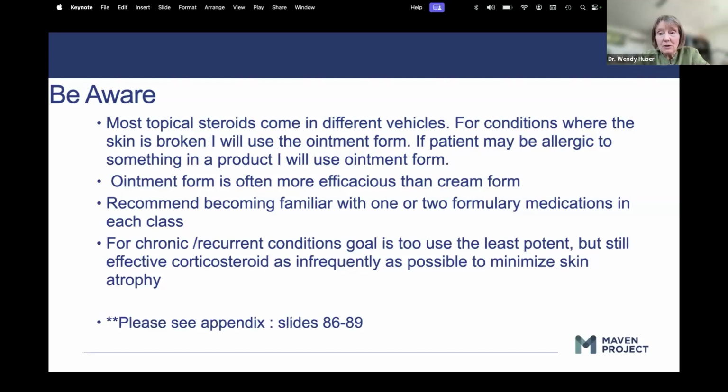So I do recommend also that you become familiar with what's on your formulary so that you know what class 1 super potent corticosteroid you have available for you or a mid-potency one, and those can change all the time. And then one other principle with this use of topical corticosteroids, since most of them can thin the skin, is to always try to find the least potent one that's still efficacious for the patient, so the patient can use it. And that's to try to minimize skin atrophy.